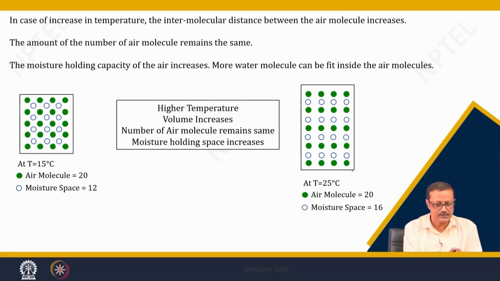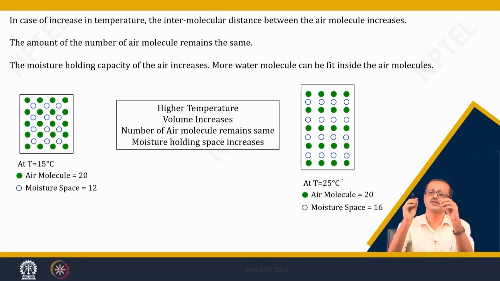If there is dry air, no water molecules, it has 12 spaces at 15 degree temperature. If I increase the temperature to 25 degree, the number of air molecules remains the same, because the volume remains the same and I am not adding any more air molecules.